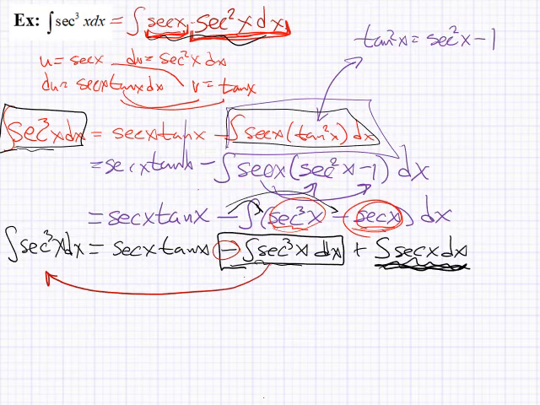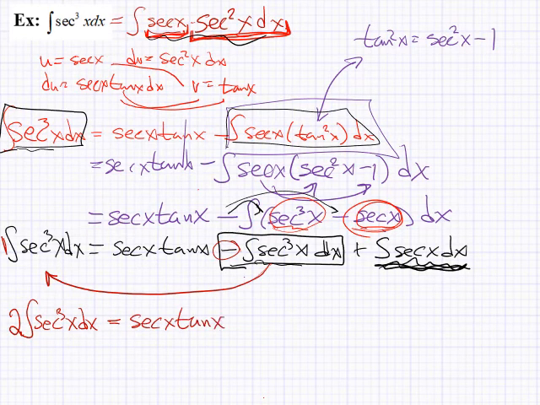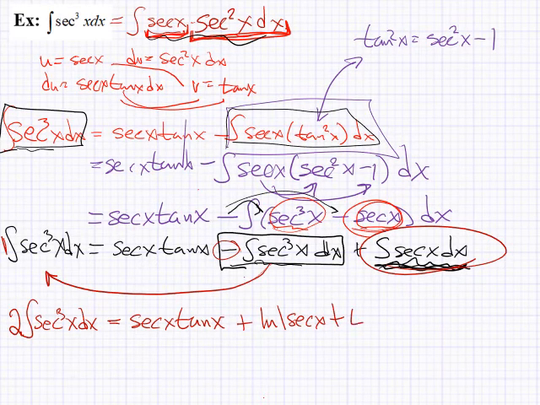Then I have two integrals of secant cubed x dx on the left-hand side. On the right-hand side, I have secant x tan x, plus the integral of secant x, which is the log of the absolute value of secant x plus tan x.